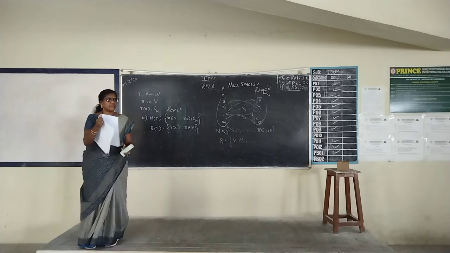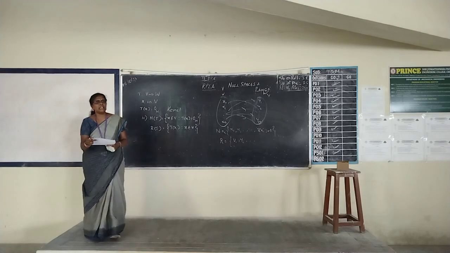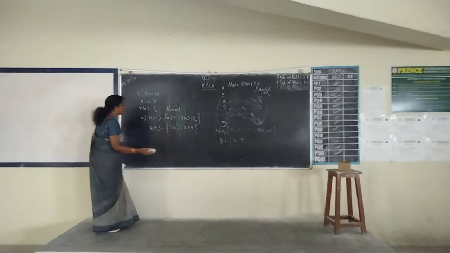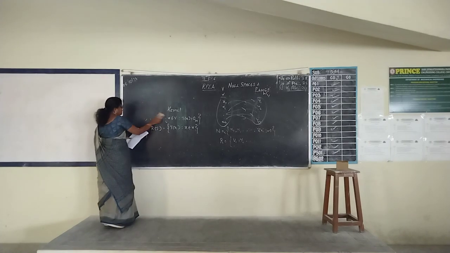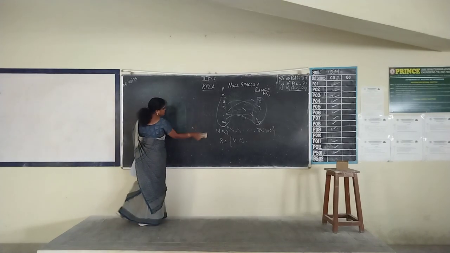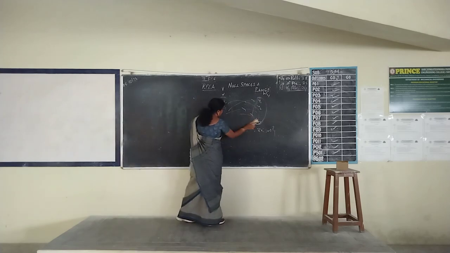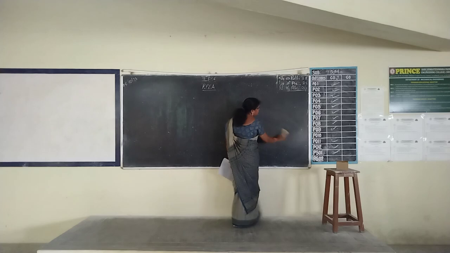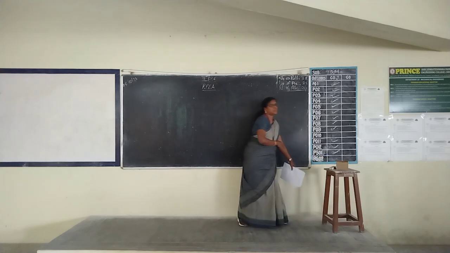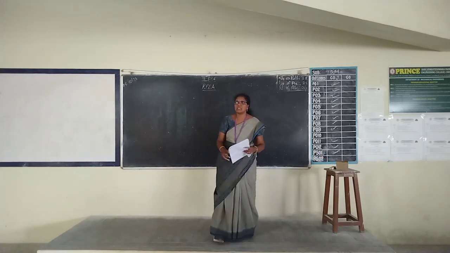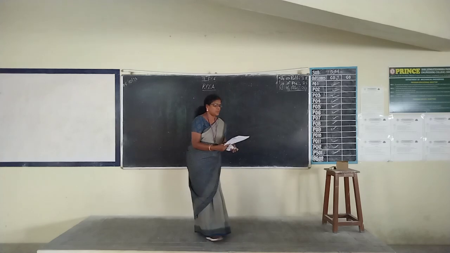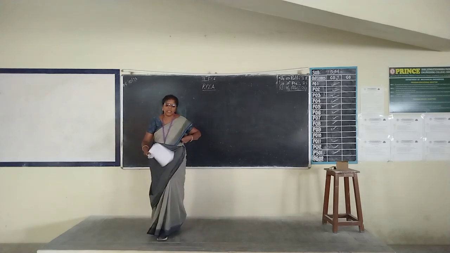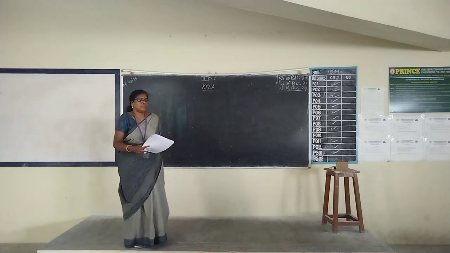Let V and W be vector spaces and T from V to W be a linear transformation.